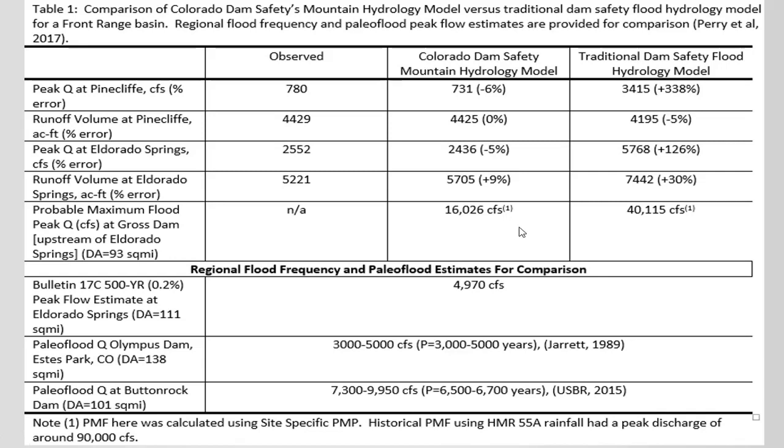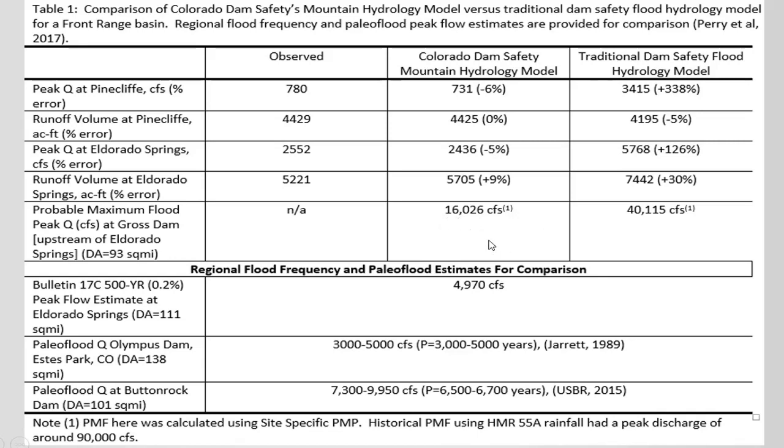Now, if we go back to HMR 55A PMP and run the traditional dam safety hydrology model, the previous PMF for Gross Dam was about 90,000 CFS. So by using site-specific PMP, which we now have with REPS, we go down to less than half, to about 40,000, and then by using our new hydrology proof of concept model, we went down to less than half again. So now let's compare it to, which one is right?